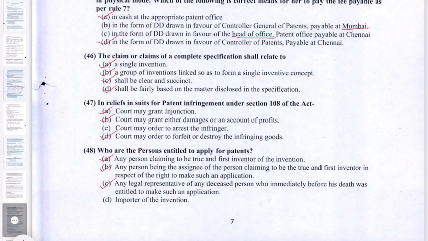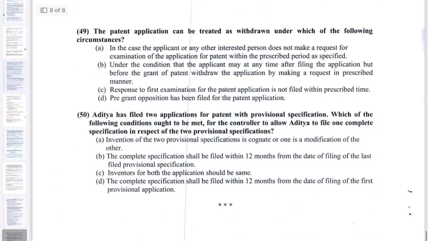Next question, the patent application can be treated as withdrawn under which of the following circumstances? In the case the applicant or any other interested person do not make a request for examination of the application for patent within the prescribed period as specified, true.